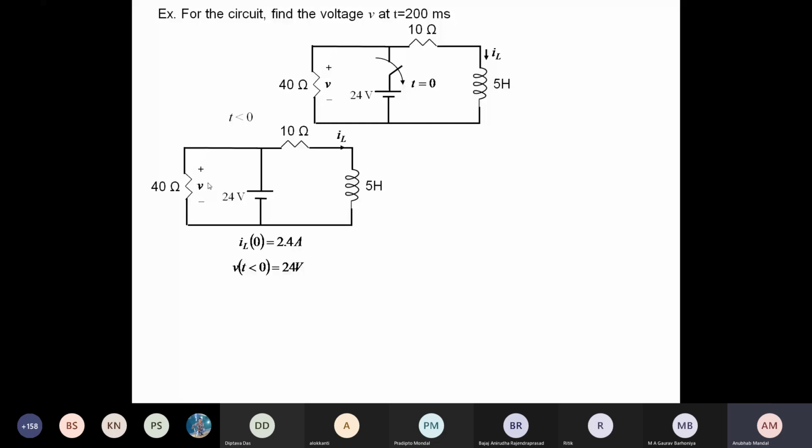Sir, how will we get 2.4 ampere? In this condition, what is the current in the inductor, in this circuit? What is IL? Initially it must be 0, no? What is the current through the 10 ohm resistance?